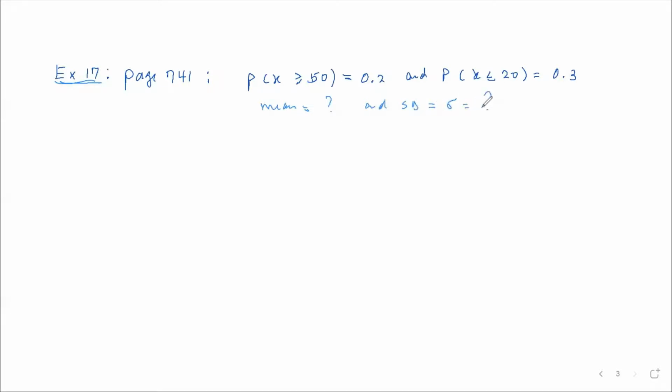Before, they gave you the mean and standard deviation and asked for the Z score or the probability. But now they want you to find the mean and SD, just the opposite. So in this case, we still do the same way anyway, okay?